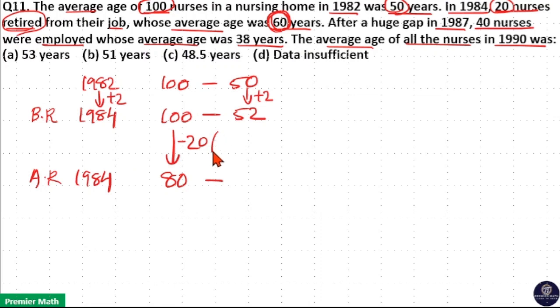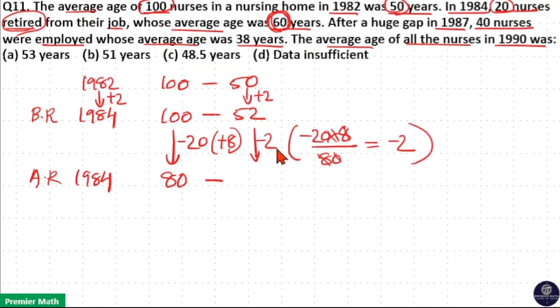That means this 60 is plus 8 greater than the previous average 52. So 20 into 8, 160, was previously distributed to the remaining 80 people. So the decrease in average is 20 into 8 divided by 80, because this 20 into 8, 160, was distributed to these 80 people. So the decrease in average is minus 2.